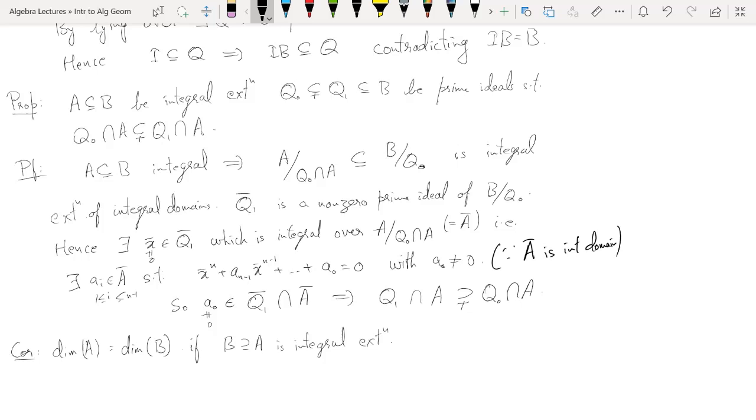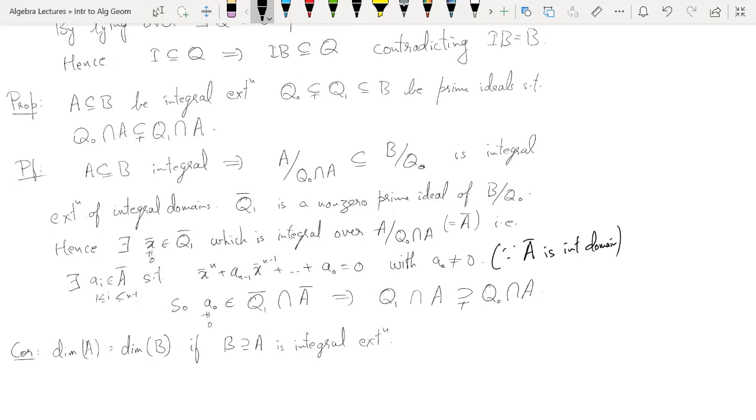So we have this A naught is non-zero, and it belongs to Q1 bar. Of course, all the X bar terms belong to Q1 bar. So everything other than A naught belongs to Q1 bar because it's just a combination of X bars. So A naught also has to belong to Q1 bar. And of course, A naught belongs to A bar.